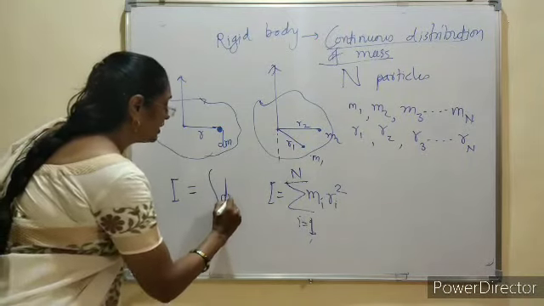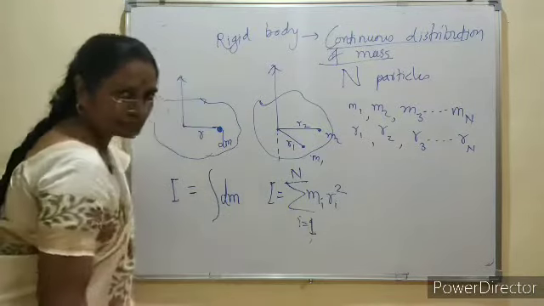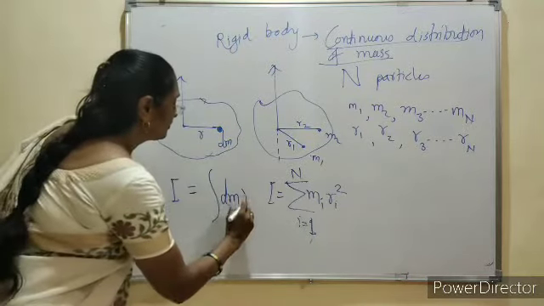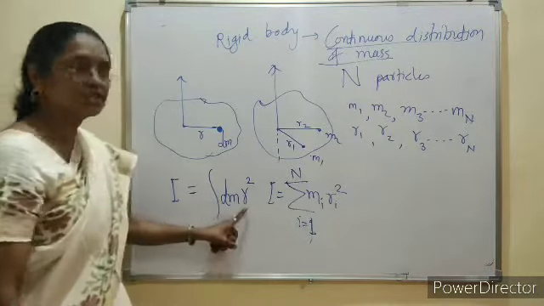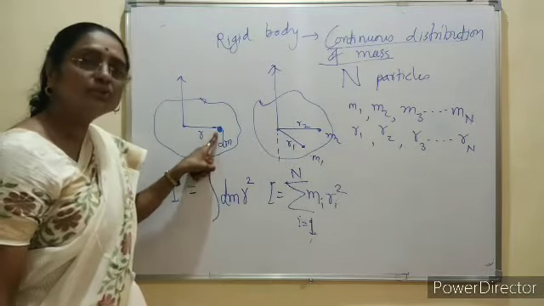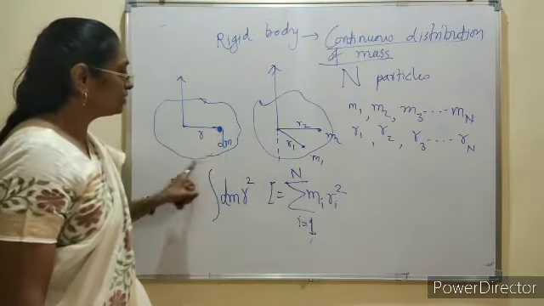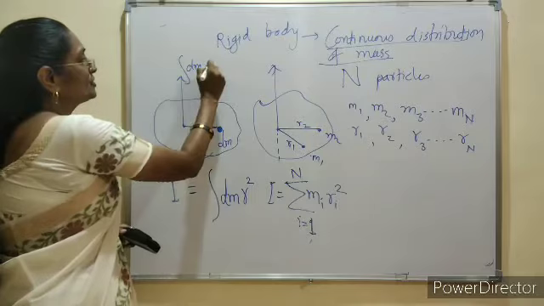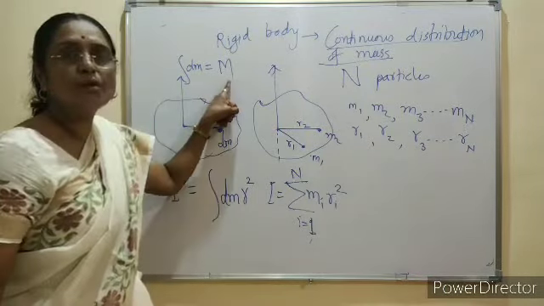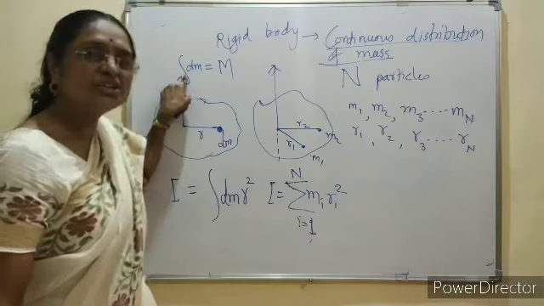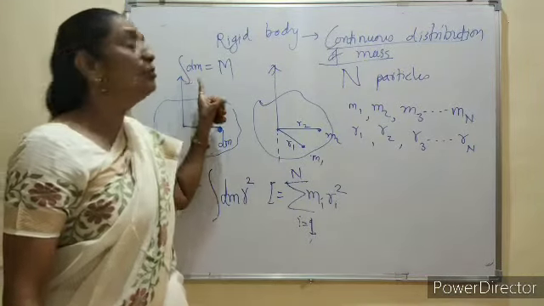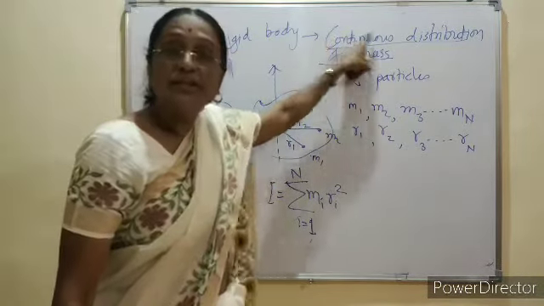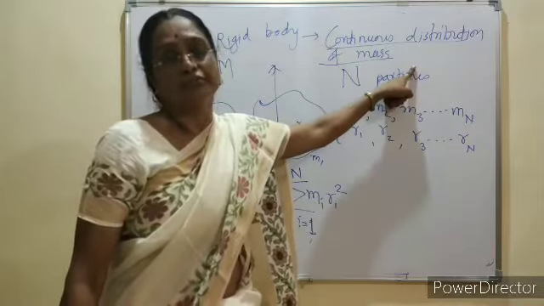Integration of dm: instead of m1, m2, m3, we consider a single particle dm multiplied by its distance r square. So here there is one mass element dm. Actually there are a number of elements. If we add all these elements, then it gives us the total mass m. So integration is used to get the summation or total when there is continuous distribution of mass.